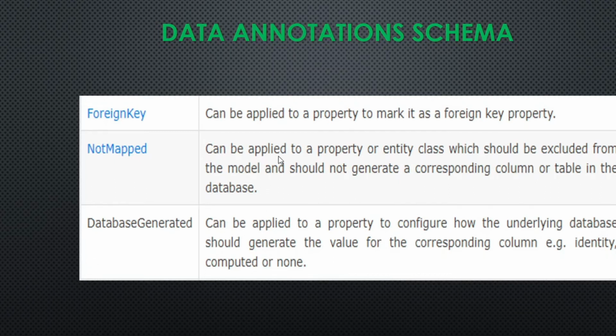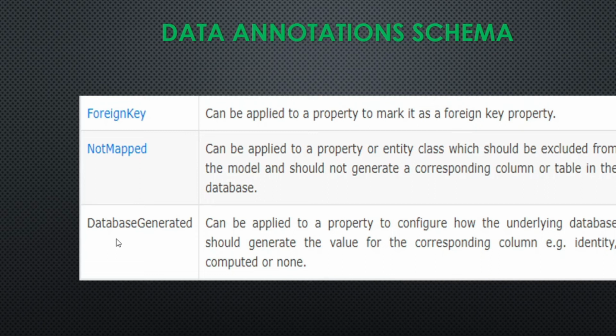So if I have an entity, which is a class, and I just need to use it in my project without creating a table for this entity, I can use NotMapped. Or if I have a field, which is a property inside the class, and I don't want this property to be translated into a column in the table, I can also use NotMapped.